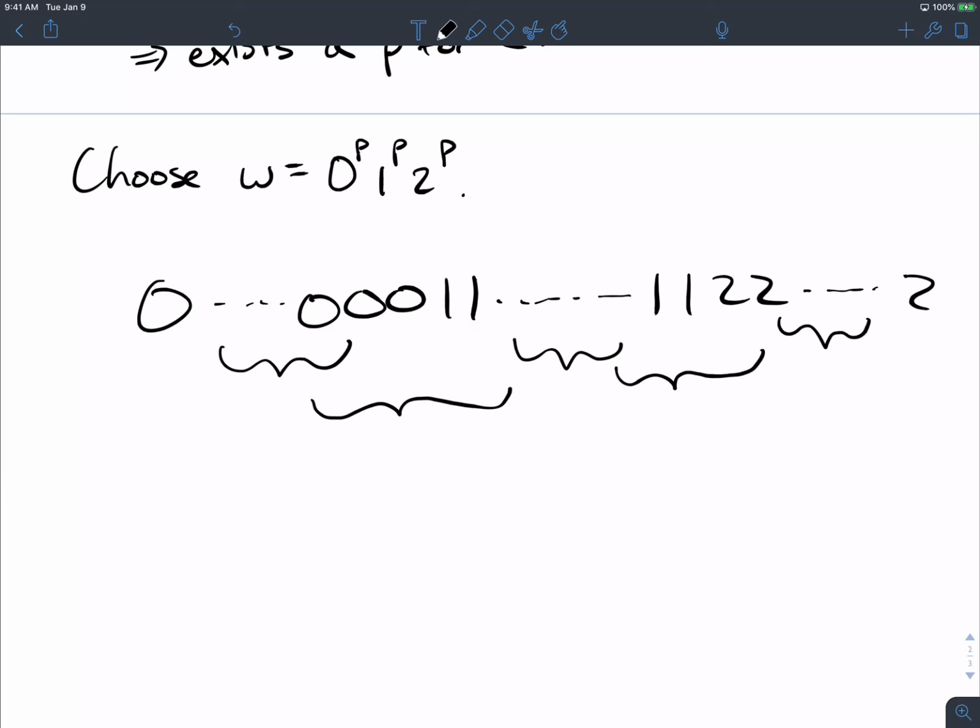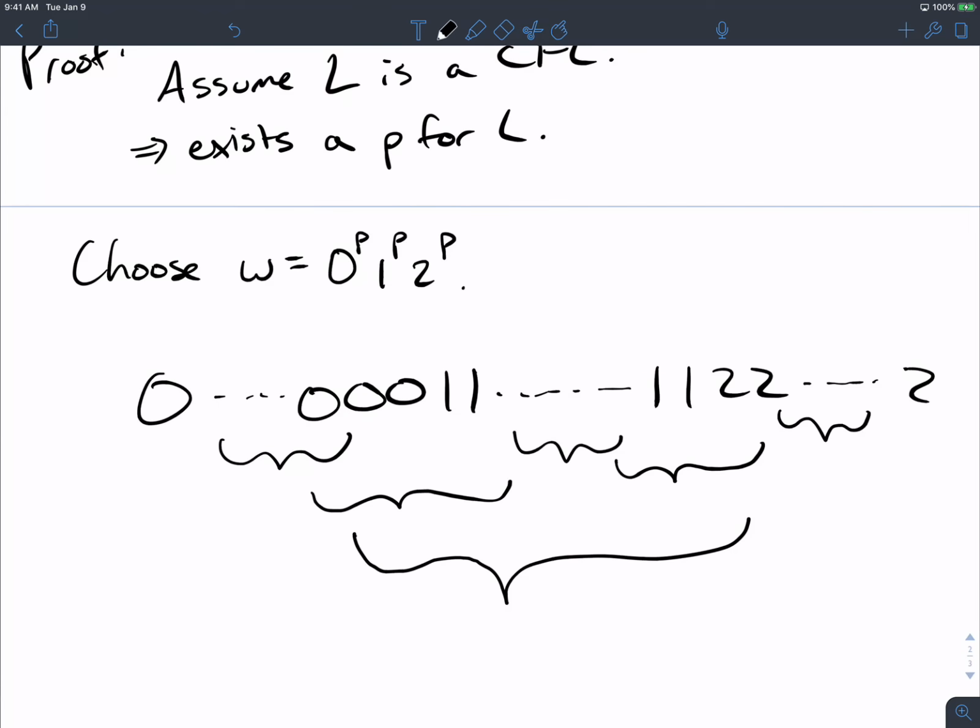Now, think carefully about this last situation. Could it be that it contains some 0s, some 1s, and some 2s? No, why not? Right. It has length at most p.